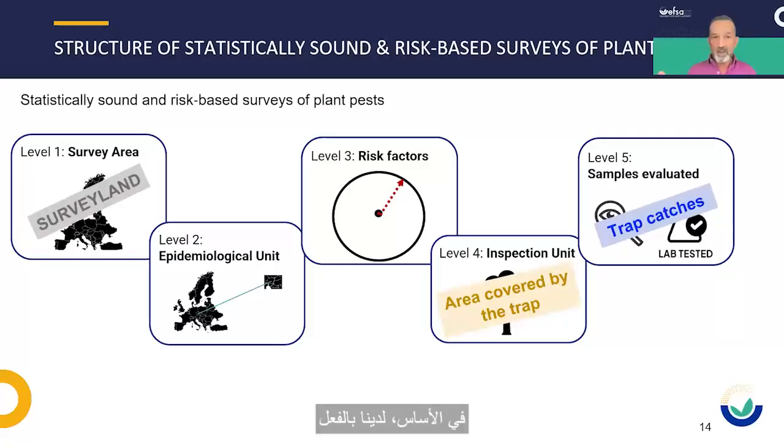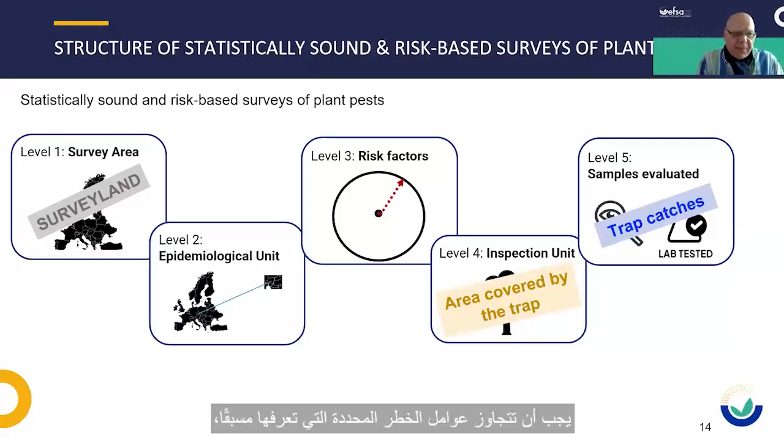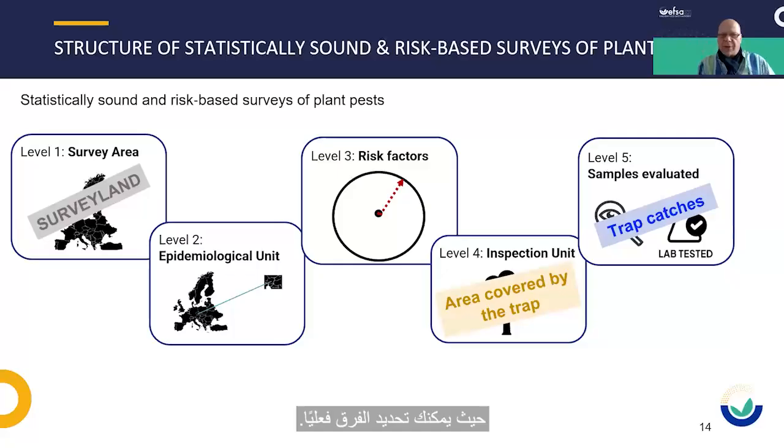So, basically, we already have the survey area, which is Surveyland. We have the inspection unit, which is the area covered by a trap, so this is 100 hectares. Plus we have the samples, which are the trap catches, right? And what we can specify next is the epidemiological unit. The epidemiological unit that would be adequate for your problem should go beyond specified risk factors that you already know, where you can actually quantify the difference.